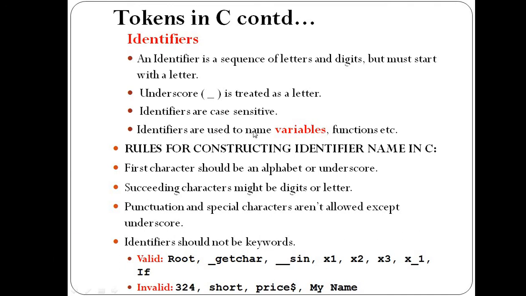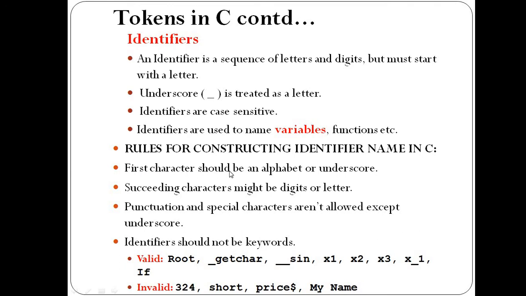Identifiers are basically used to give names to variables and functions. So for creating the names of variables and functions, we need to follow some basic rules. What are the basic rules we need to follow in C for the naming convention?